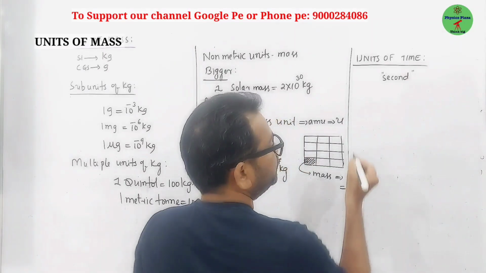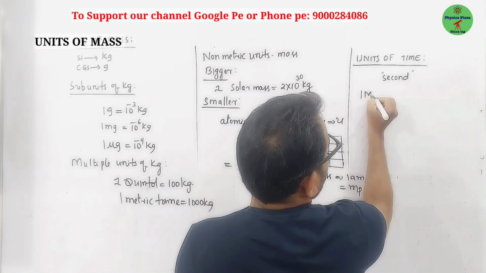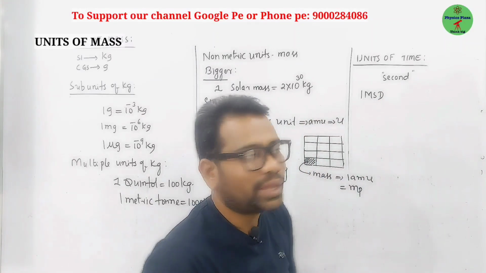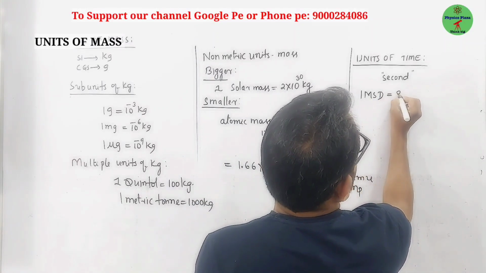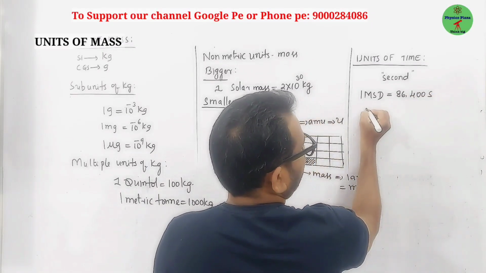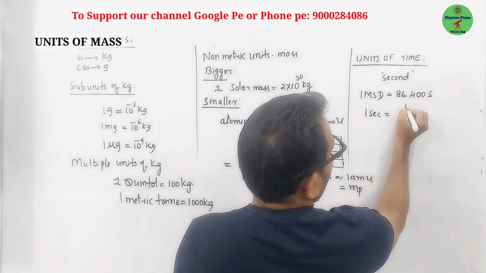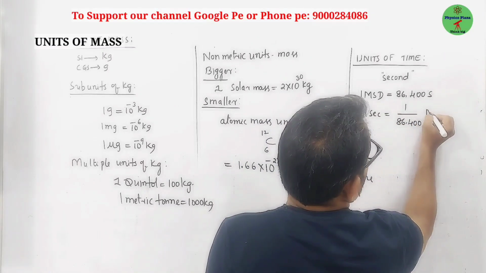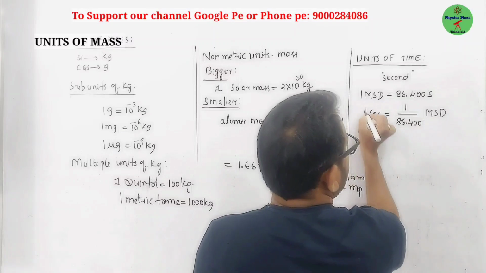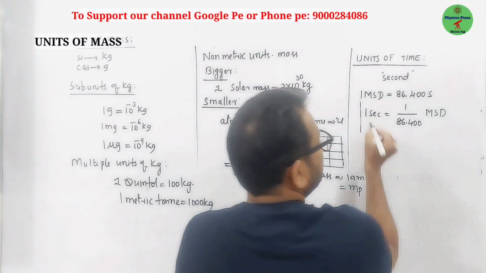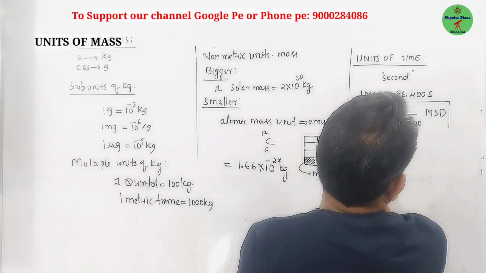One mean solar day is 1 MSD. Children, MSD does not mean Mahendra Singh Dhoni, it is mean solar day. One mean solar day is equal to 86,400 seconds. So 1 second is equal to 1 by 86,400 of MSD, the 86,400th part of a mean solar day.